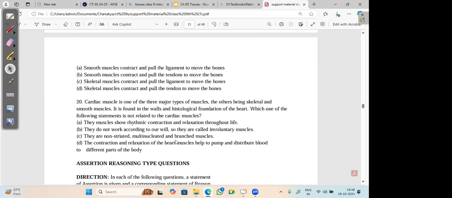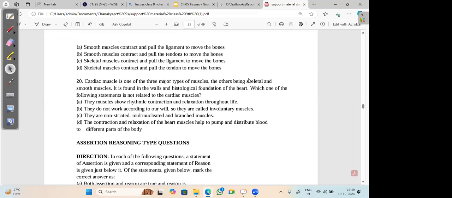Question number 20. Cardiac muscle is one of the three major types of muscles, the others being skeletal and smooth muscles. It is found in the walls and histological foundation of the heart. Which one of the following statements is not related to the cardiac muscles?